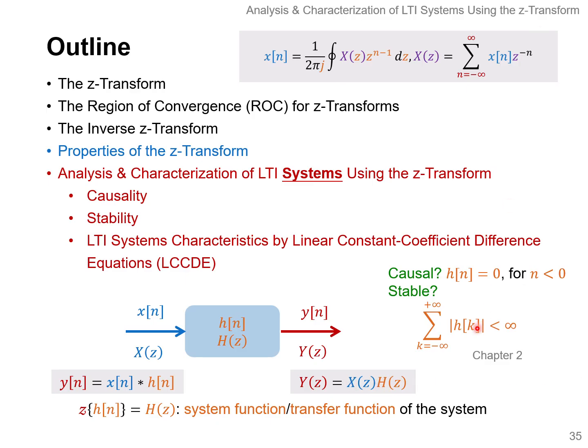Do you still remember the definition of a causal system from Chapter 2? A causal system has an impulse response that is zero for all negative n. A stable system has an impulse response whose absolute sum over all n is finite.